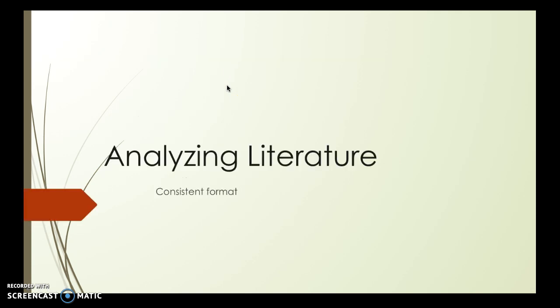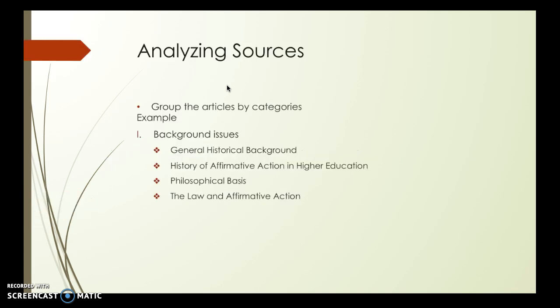When you're analyzing the literature, you need to have a consistent format. You need to group the articles by categories. Here is an example of a literature review on affirmative action in higher education. First you put all the background issues together: the general historical background, history of affirmative action in higher education, philosophical basis, and the law and affirmative action.